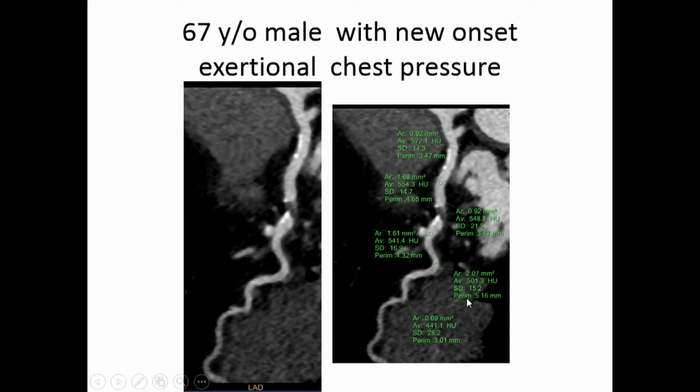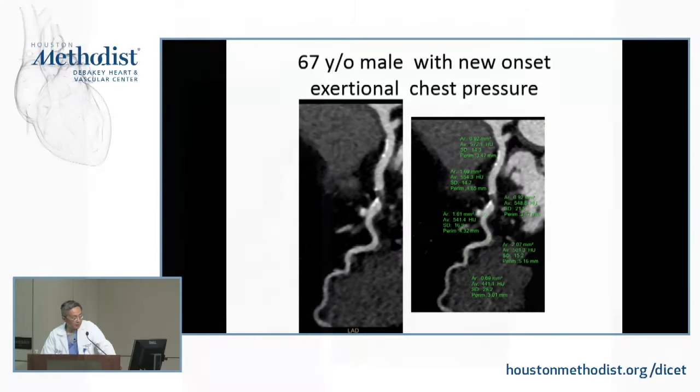Compared to this case, which is actually Dr. Chamsey's patient, also a patient with apparent total occlusion, okay? It looks like an occlusion, but was it subtotal or total? Here, as you can see, the transluminal gradient is maintained, meaning the gradient decreased along the vessel. So it's the opposite of what we saw earlier.